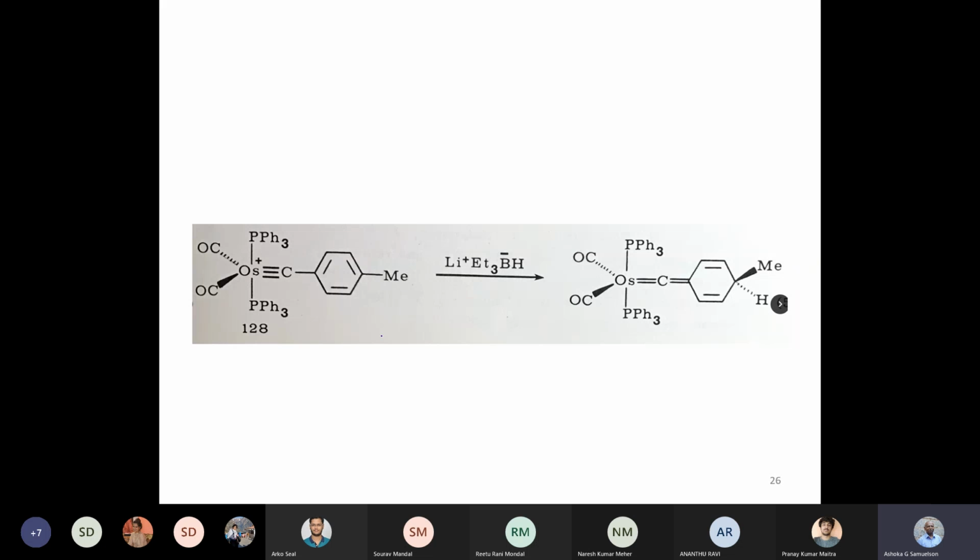Here is another system where there is a complication, and this is a carbene. Again, an unusual ligand, and H minus is the incoming ligand, and the H minus is going in on the ligand which is not the part that is coordinated to the metal.